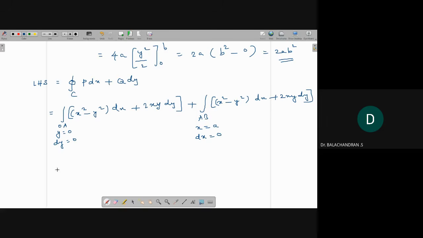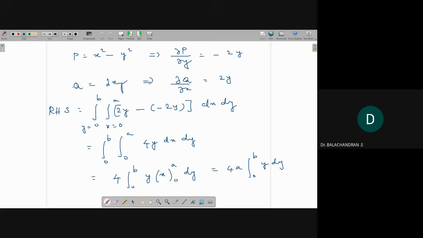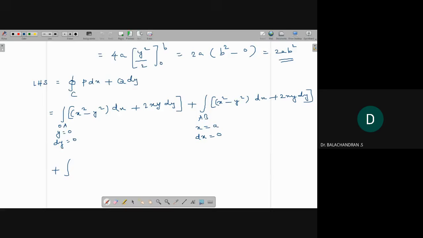And third, along BC. In BC you have the equation y equal to b, and dy equal to 0, because y equal to b is a constant, and the integrand is the same.